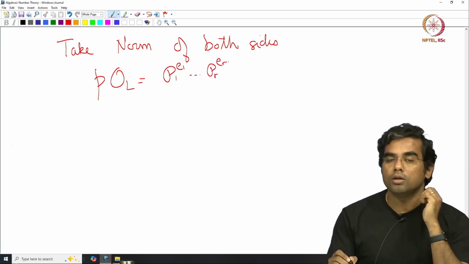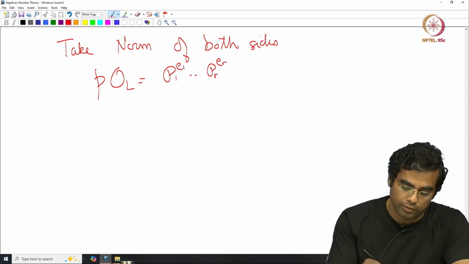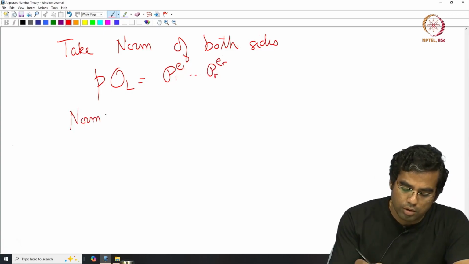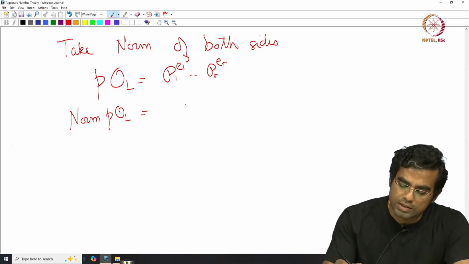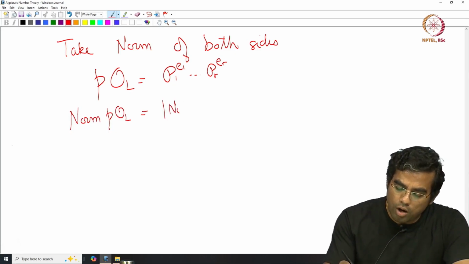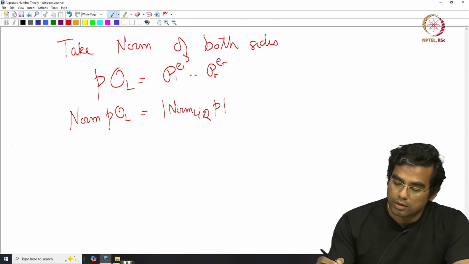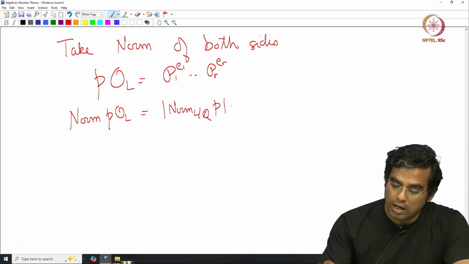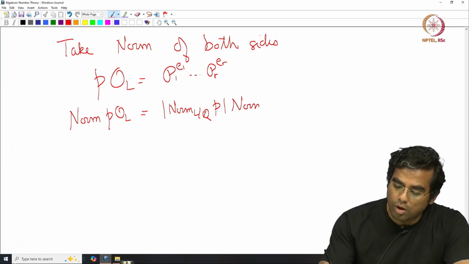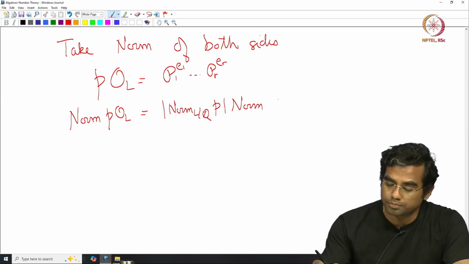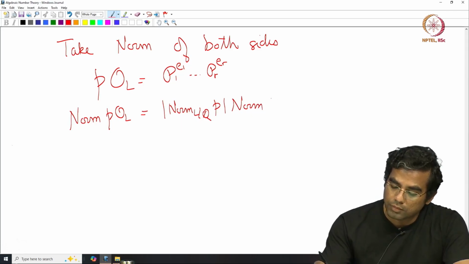So we are calculating the norm of the same thing in two different ways. What is the norm of P OL? Well, we proved that this is equal to the norm from L to Q of P times the norm of OL.